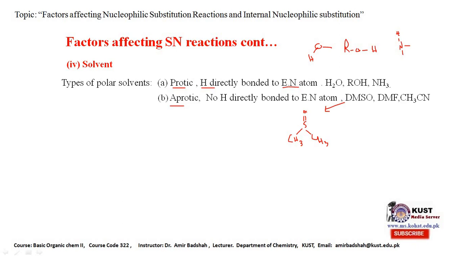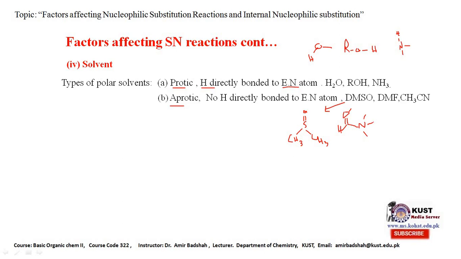And what type of solvent? Polar solvent, but they are aprotic because there is no hydrogen bonded. Similarly, DMF, dimethylformamide, where carbon is bonded with oxygen and hydrogen, and on the other side it is bonded to a nitrogen, and nitrogen is bonded with two methyl groups, and here there is no hydrogen bonded with a more electronegative atom, oxygen or nitrogen.